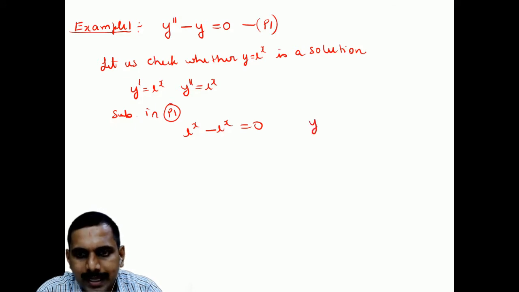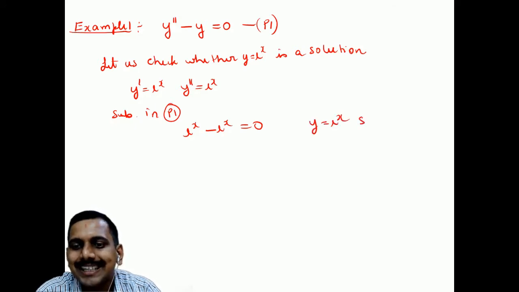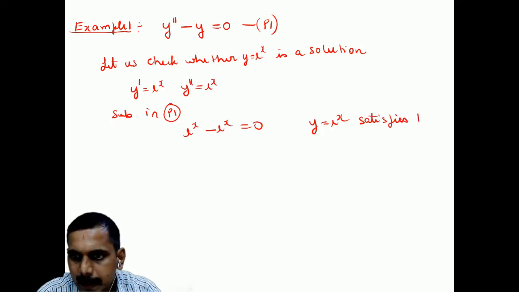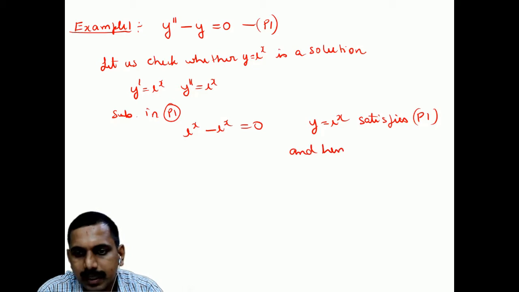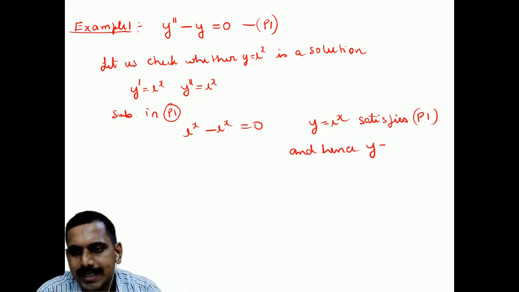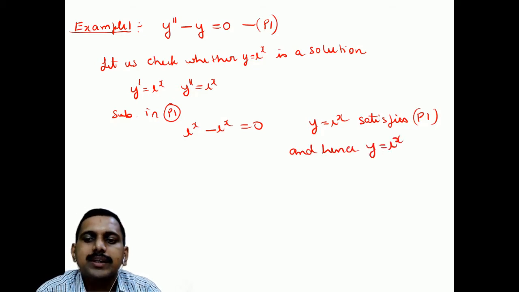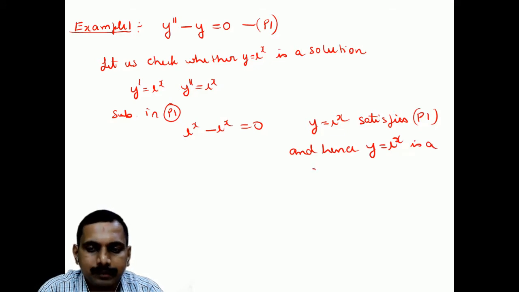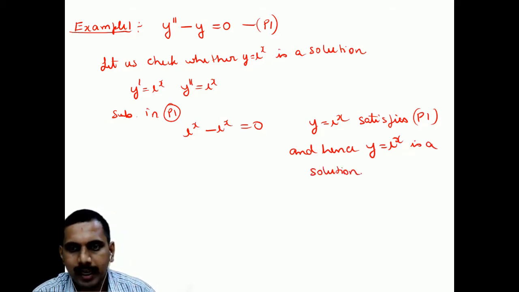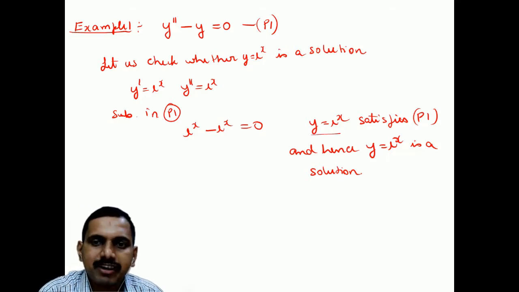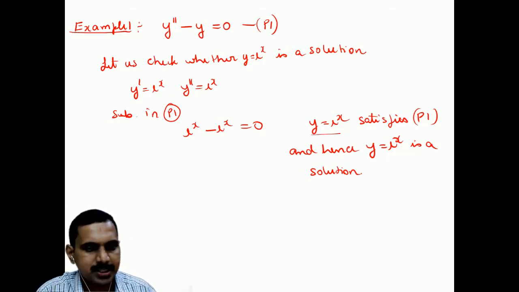So y is equal to e power x satisfies P1, and hence y is equal to e power x is a solution. Easy. What do you mean by solution? When a function satisfies the differential equation, it is a solution.